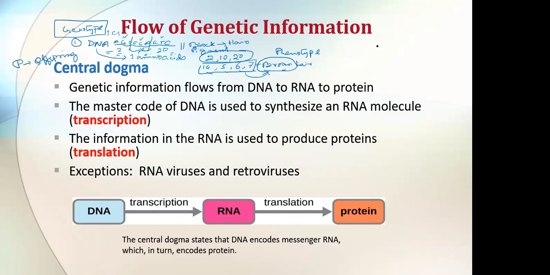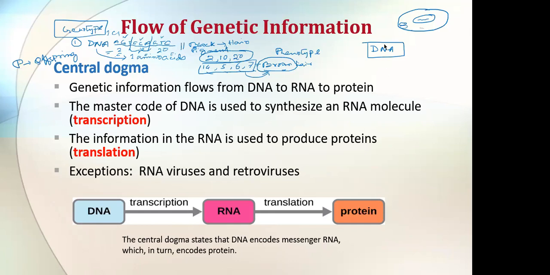So DNA is carrying all the genetic information, and DNA is very precious, and it remains inside our nucleus. To make protein, the ribosome is responsible, and that ribosome remains in the cytoplasm.